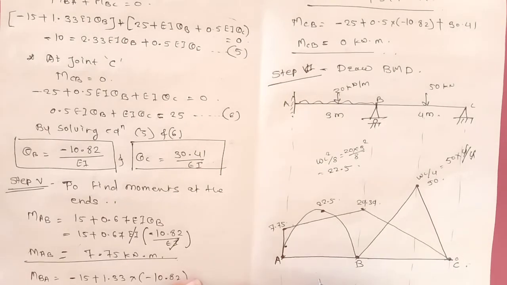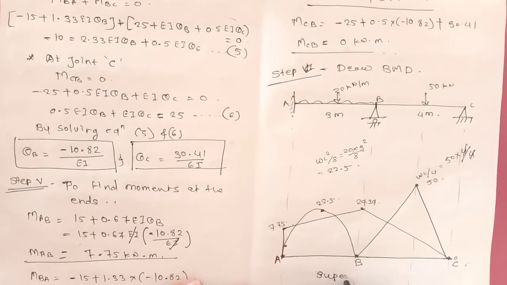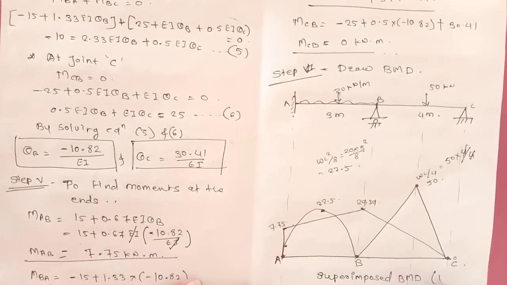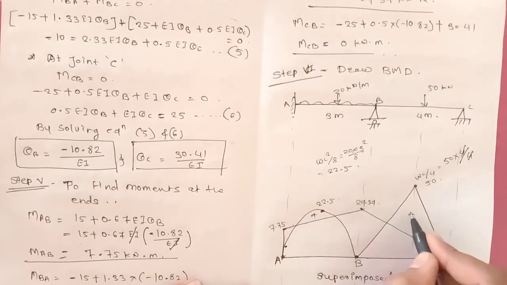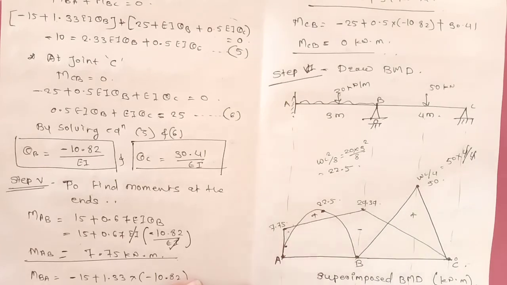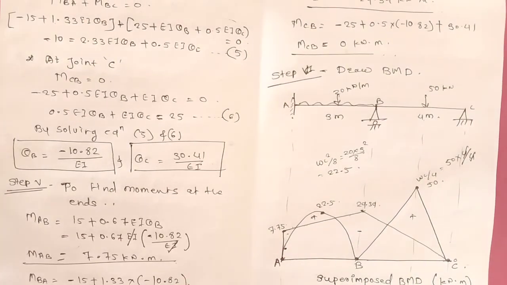Okay, so this is our superimposed bending moment diagram in kilonewton meter. These are our positive signs, these are our negative. Okay. Thank you.